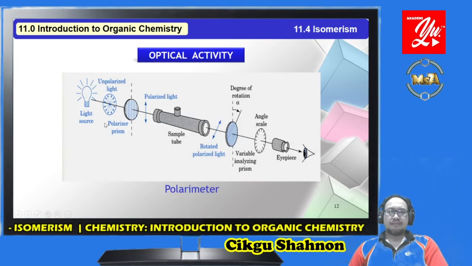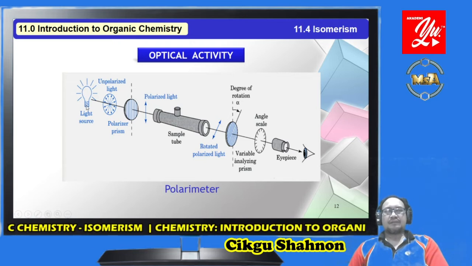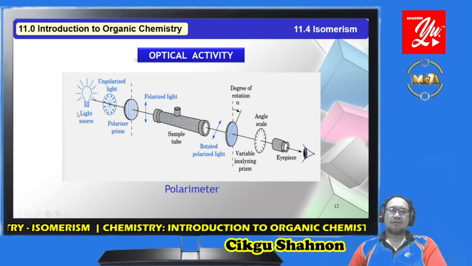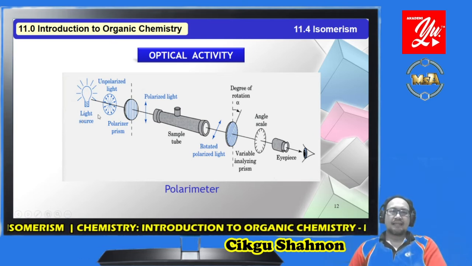Okay, look at here. This is the light source, our ordinary lamp, for example. Our ordinary lamp gives unpolarized light. Unpolarized light means the light vibrates in many directions. Our sunlight, our ordinary lamp, and so on, are all unpolarized light.